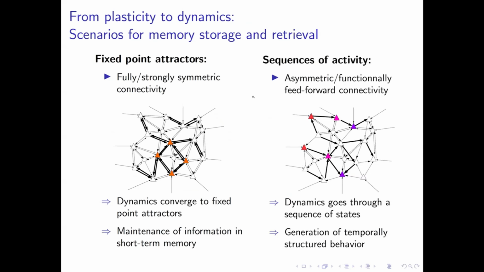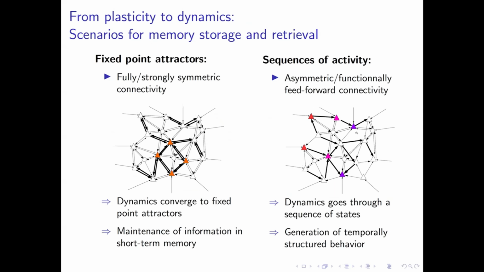Now you have a radically different model where instead you use a temporally asymmetric connectivity, and then you can shape the connectivity in a fundamentally different way if you have time-varying inputs that activate different groups of neurons in temporal succession. Suppose you have an input that drives these neurons first, and then these groups of neurons later, and so on and so forth.